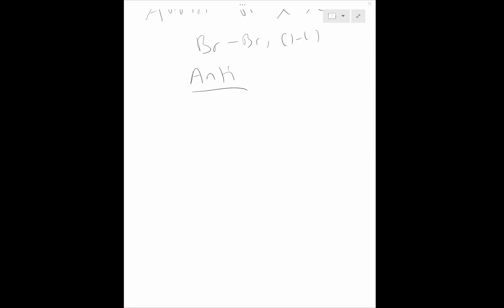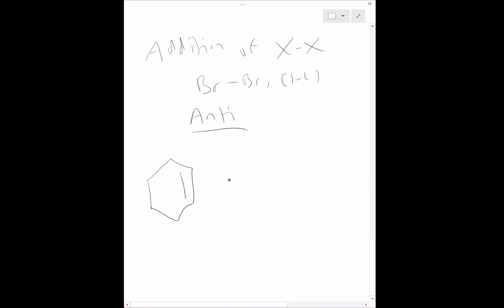You're going to have something that looks like this. Let's say you have a double bond here. Over the arrow, this reaction has Br2 and CCl4. CCl4 is the solvent, carbon tetrachloride. It doesn't really do anything in the reaction, but the reaction won't happen without it being in that solvent.